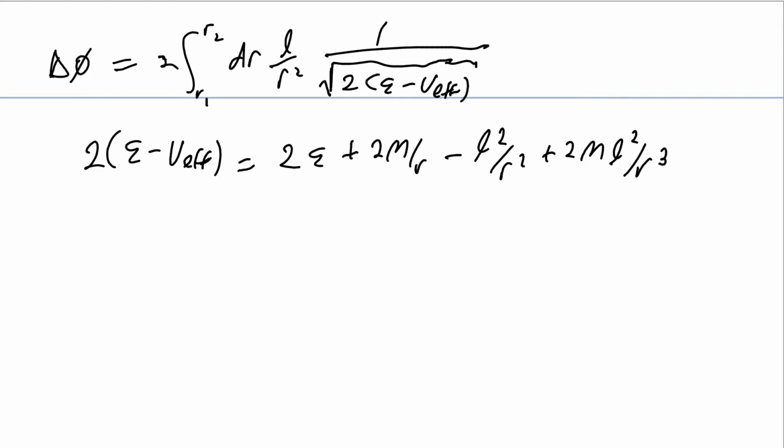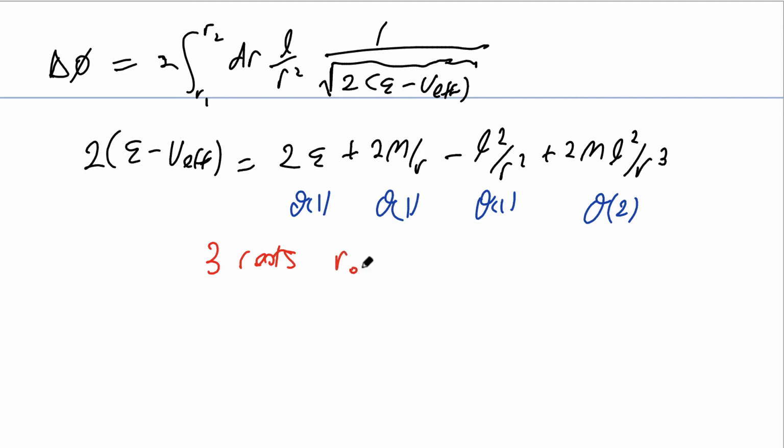And now we recognize this as an order 1 small quantity. All of these terms are of order 1 in smallness, except for this final term, which is of order 2. And this is a polynomial in 1 over r, and as a polynomial it has 3 roots. The roots we've labeled R0, R1, and R2.